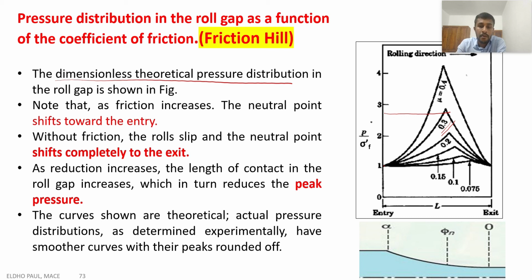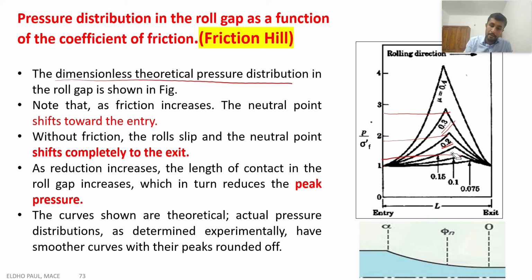Again, when we reduce the coefficient of friction to 0.2, we can do the same material deformation or rolling process with a lower pressure. If we reduce to 0.1, this is the corresponding pressure requirement. So with decreasing friction between the roller and the material, we can reduce the pressure requirement for the rolling process. Okay, so that is the inference from this diagram.